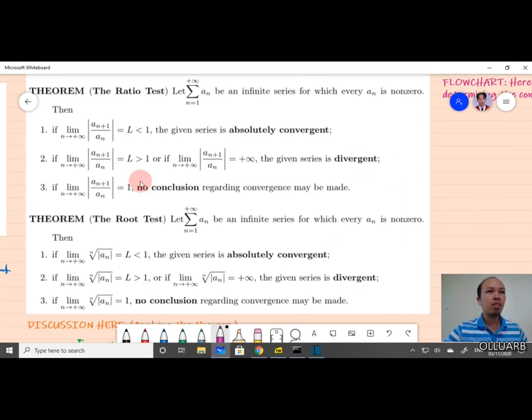As you can see here, if the limit is positive infinity, the series is divergent. So I think the ratio test is much easier to show that the given series is divergent or absolutely convergent than the definition. Okay, I guess that's all. Maybe let's have an example of how to use the ratio test.